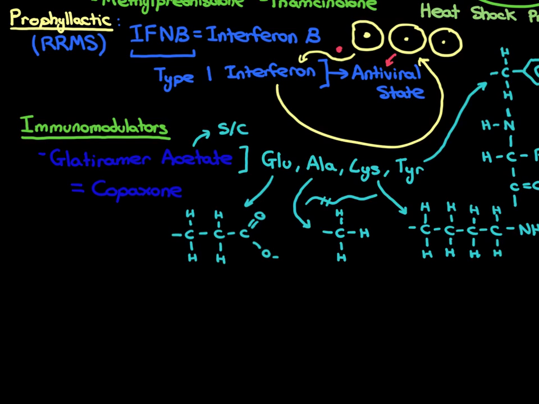So to summarize, glatiramer acetate contains loads of polypeptides made of the amino acids glutamate, alanine, lysine, and tyrosine, and somehow giving this subcutaneously stops the maintenance of the autoreactive adaptive immune response, and therefore is effective at stopping further white matter lesion formation in multiple sclerosis, is the hope.